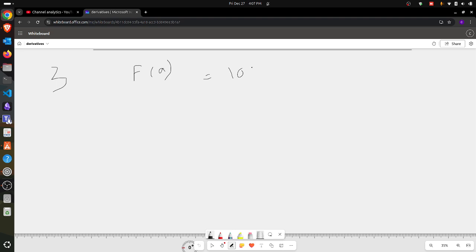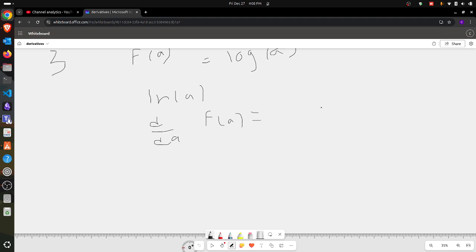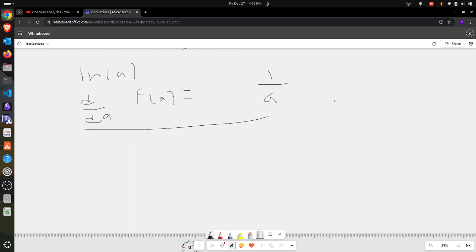So f of a equals log of a, ln of a. d by dA of f of a equals 1 by a. That's the formula we got from the math textbook, and for the sake of understanding, the log function looks like this.